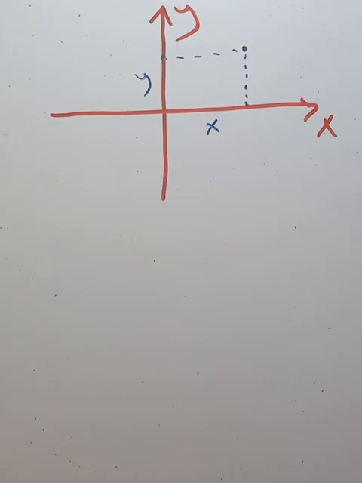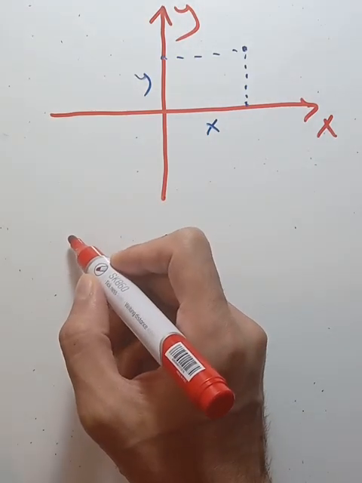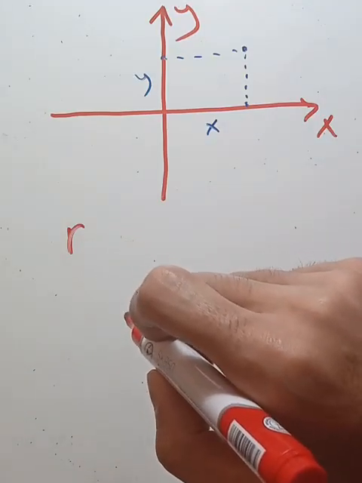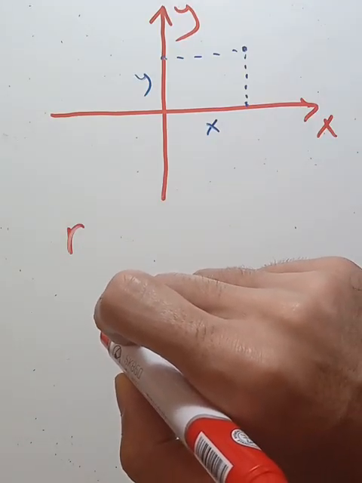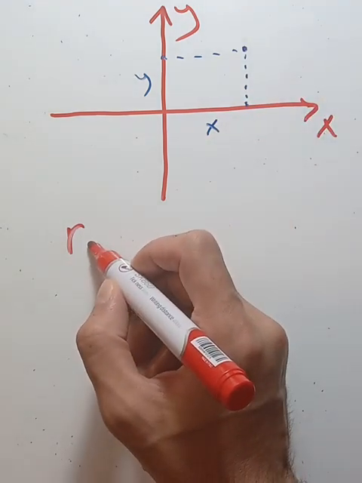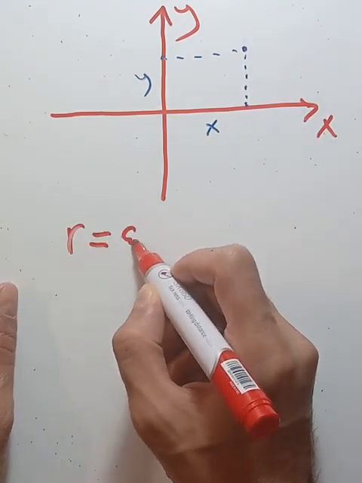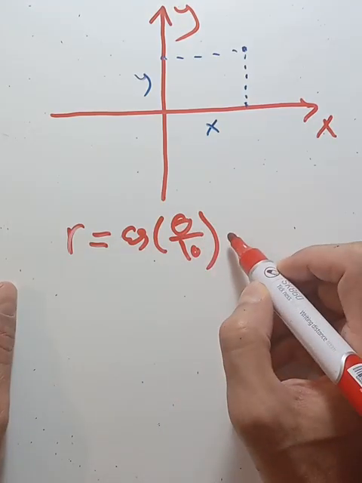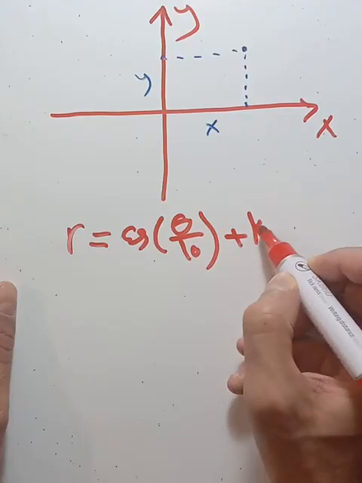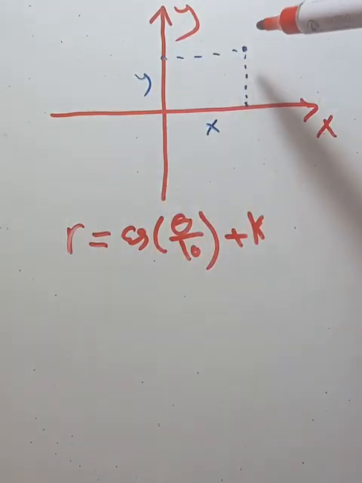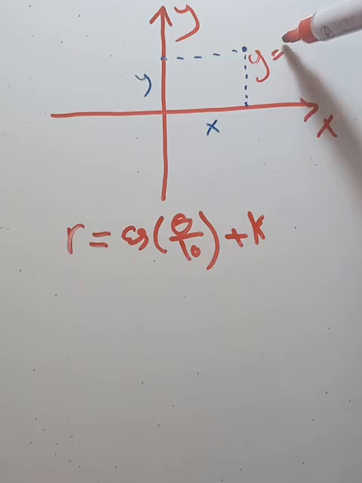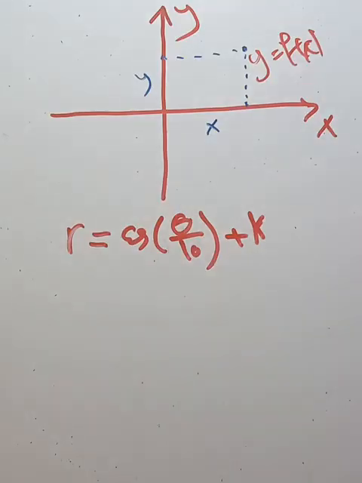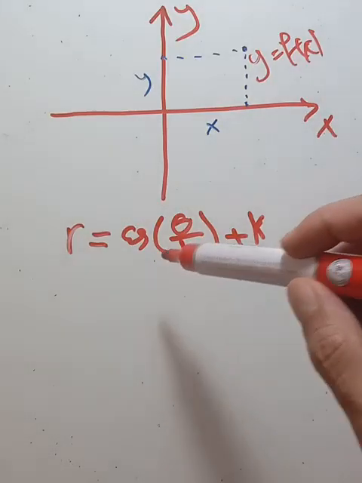For instance, this is the equation of a curve in the polar coordinate system. In the Cartesian we had y as a function of x, but here we have r as a function of theta.